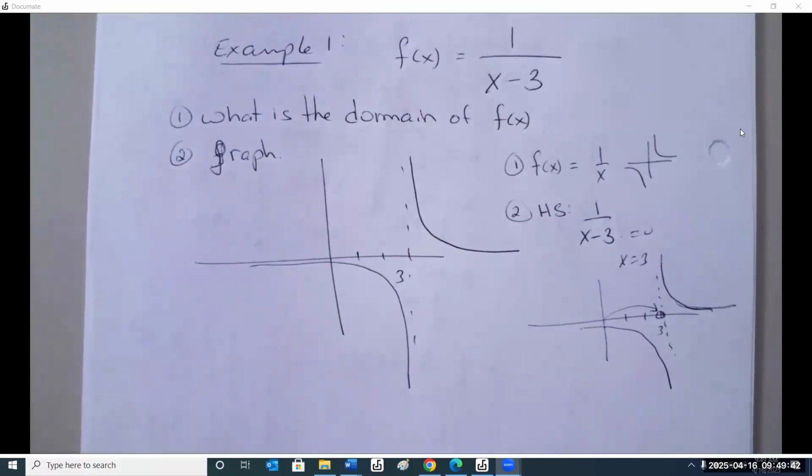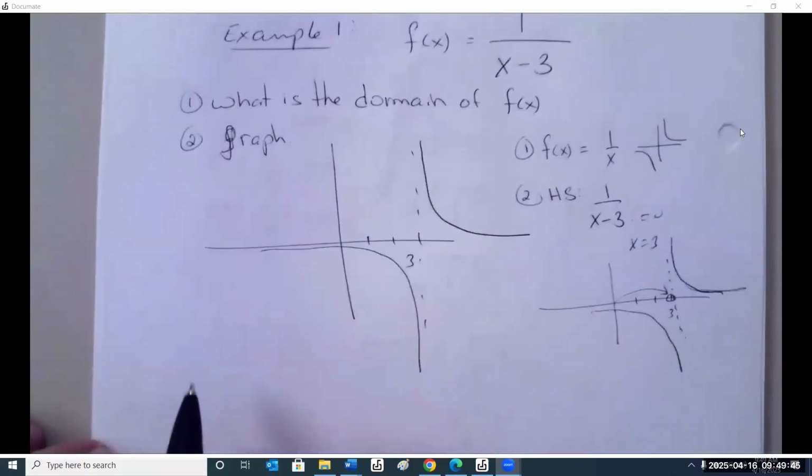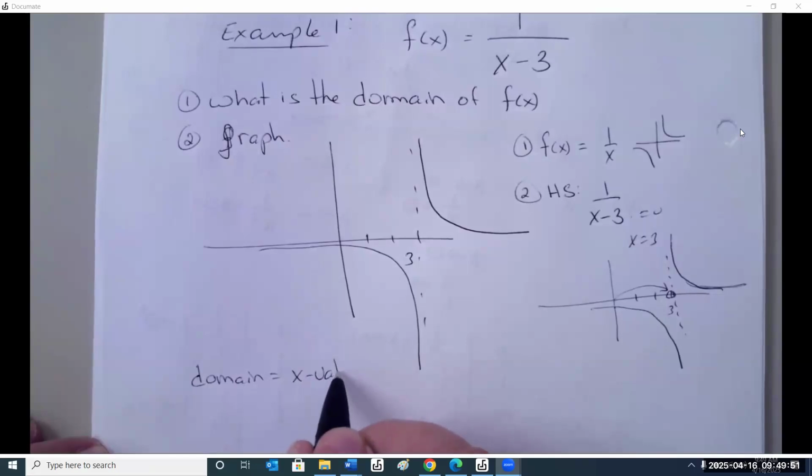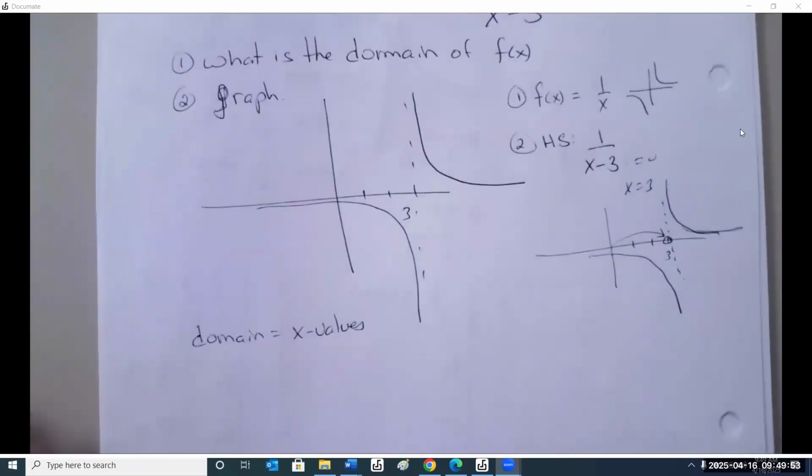So what's our domain? When we say domain, we're talking about the x values. Is it from negative infinity to positive infinity? Can we use every x? Which one can we not use?